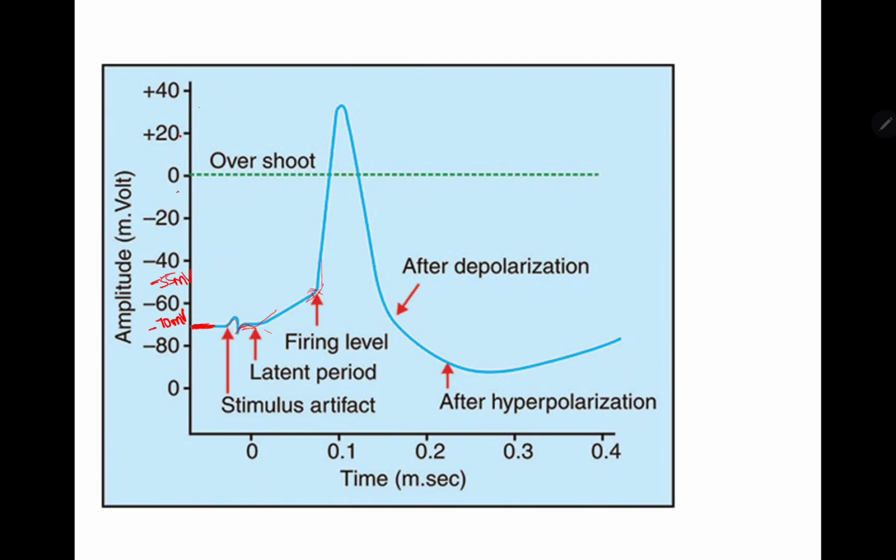Now depolarization. How does this happen? It is the big spike up. Once minus 55 millivolts is hit, this is the spike where the sodium channels fly open.